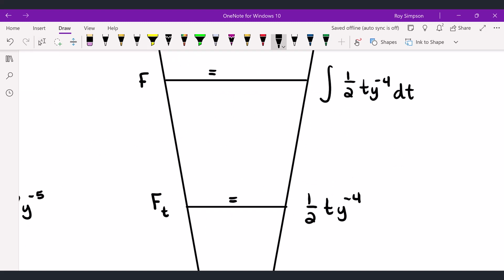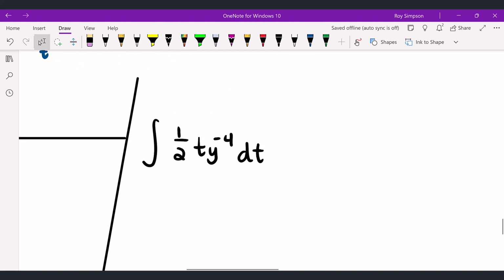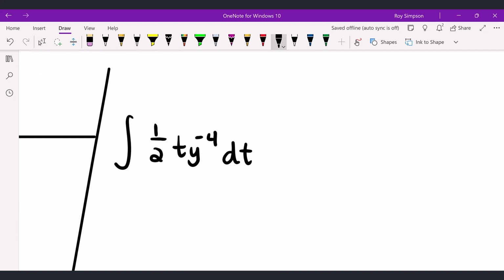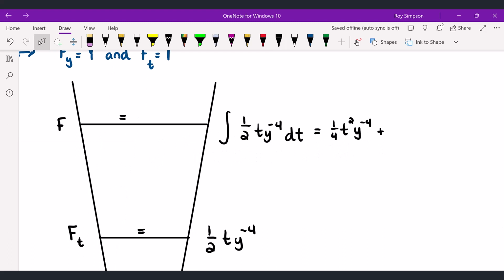t. Now again, y is going to be considered as a constant here, and that's going to be very important. Now let's go ahead and integrate this. Normally, when you evaluate an indefinite integral, you get a constant of integration that pops out. Normally, that constant is an arbitrary constant, and we think of them like pi or e or -2 or something like that.